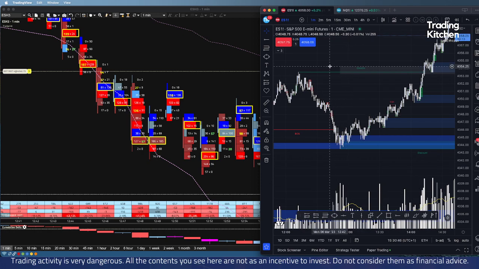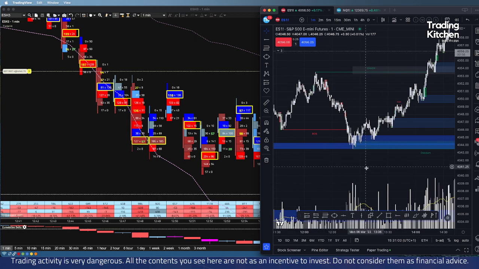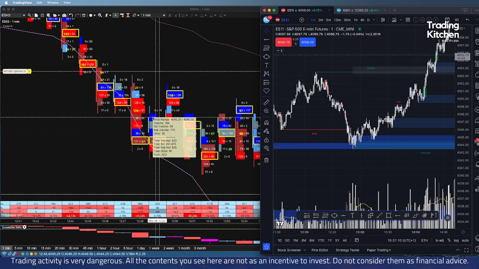Obviously I don't use this on the 4-hour time frame, I use this footprint chart only for intraday trading, so lower time frames basically, but the logic is the same because the market is fractal anyway. So let's have a look at what happens here.